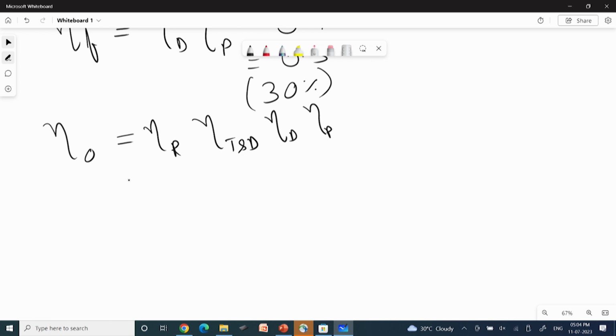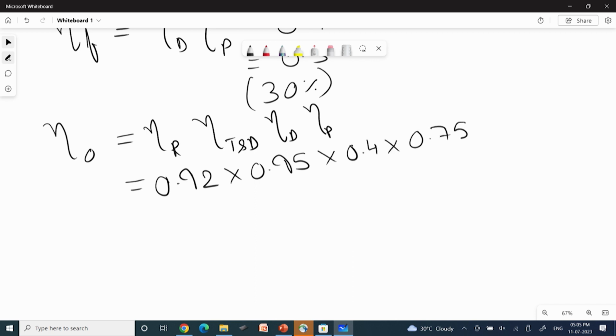If I put in all these values, which is 0.92 into 0.95 into 0.4 and into 0.75, the final value that I would derive is around 0.262 or 26.2% of the total efficiency.